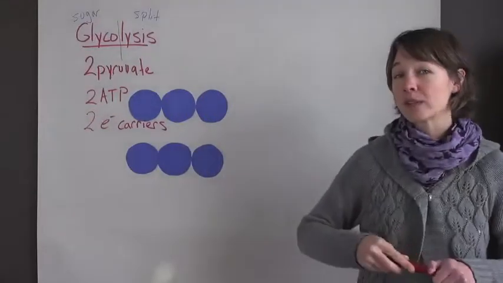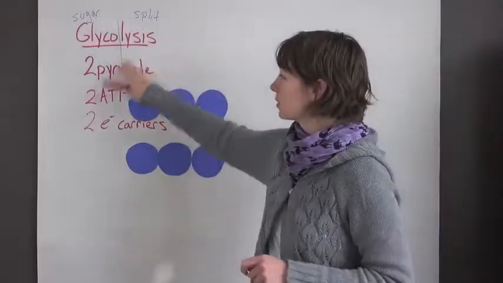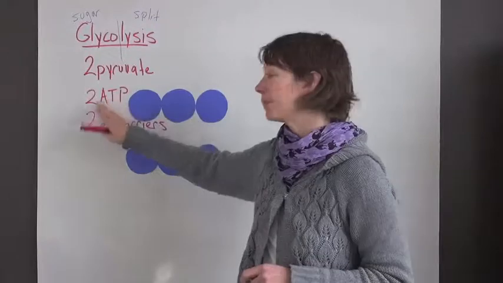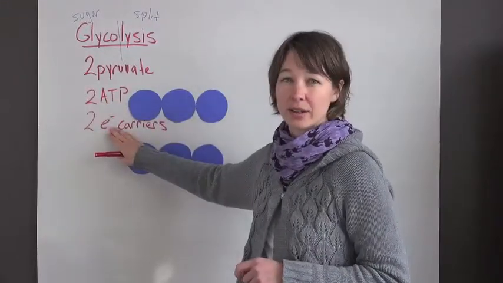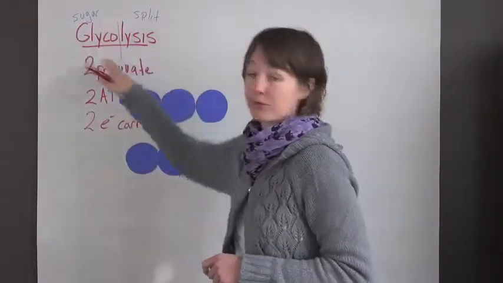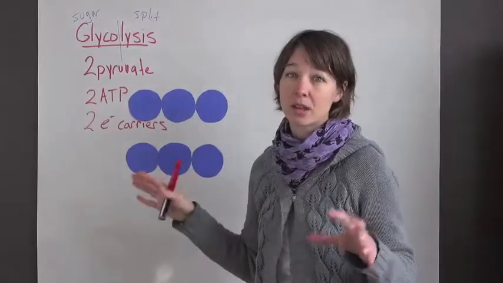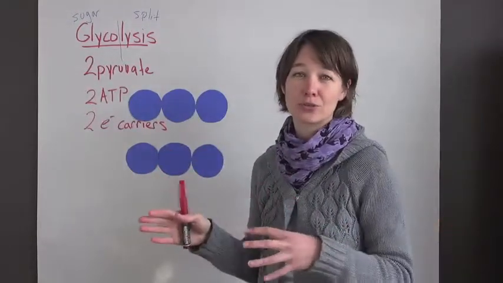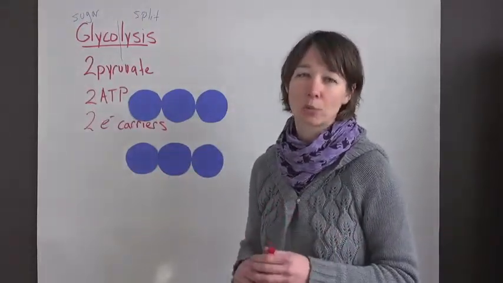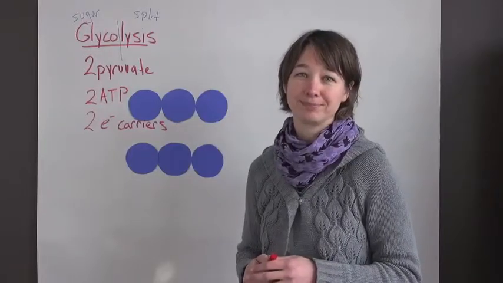And that's what I want you to know. Glycolysis creates a little bit of ATP and a little bit of electron carriers, and all life forms, every single thing, heterotrophs, autotrophs, eukaryotes, prokaryotes, they all perform glycolysis.